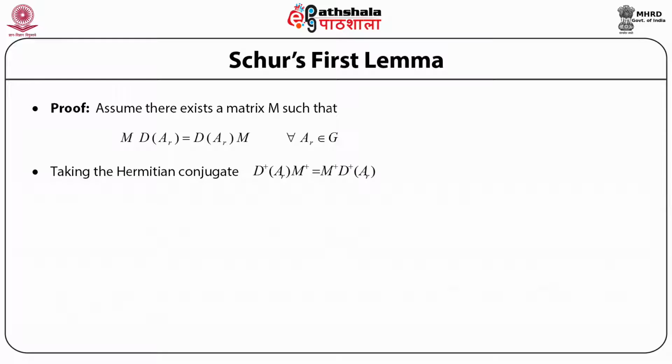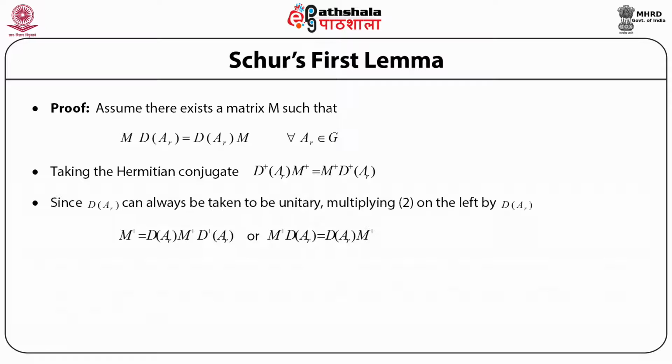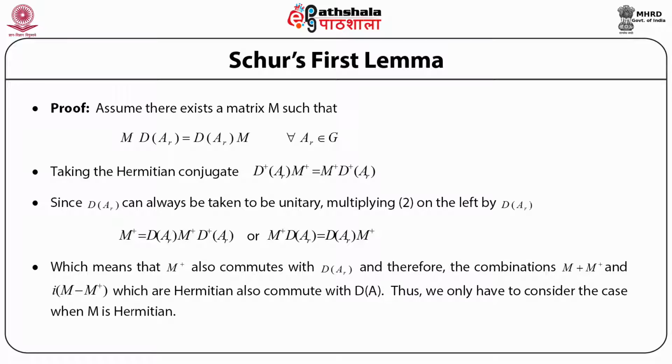Since we have shown already in the previous module that D can always be taken to be unitary, we can multiply this equation on the left by D. So the left side becomes D(A_R) D dagger(A_R) M dagger, and since D is unitary, D D dagger is equal to 1, therefore M dagger D(A_R) is equal to D(A_R) M dagger, which means that not only M commutes with the representative matrix D, but M dagger also commutes with D, and therefore the combination M plus M dagger as well as i times M minus M dagger also commute with D. But note that M plus M dagger and i times M minus M dagger are Hermitian.